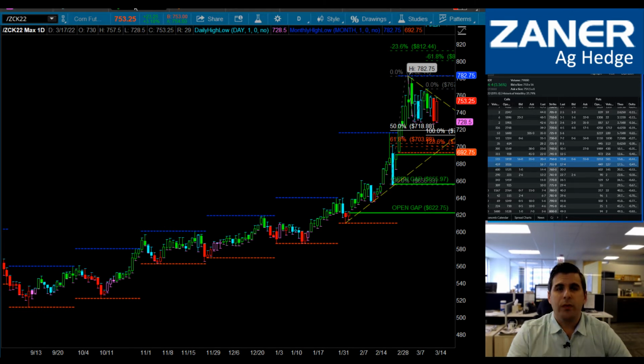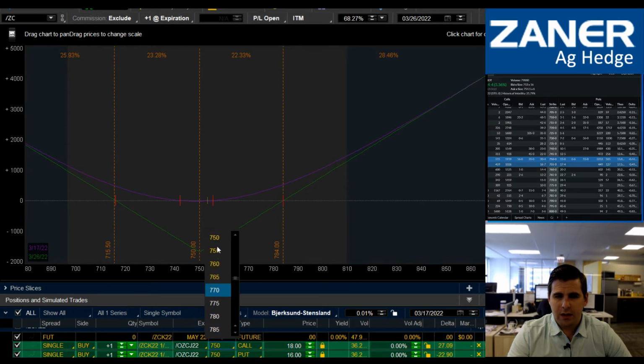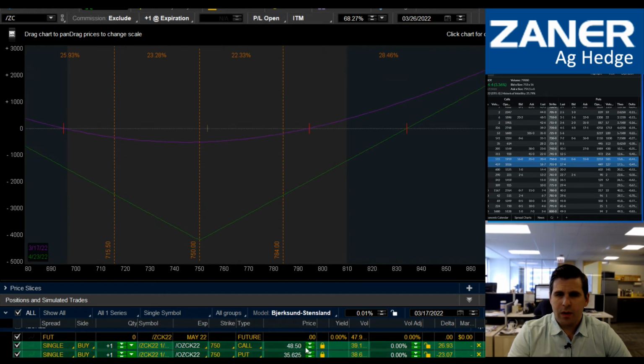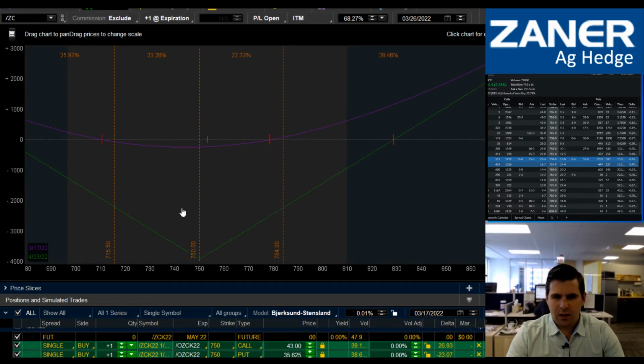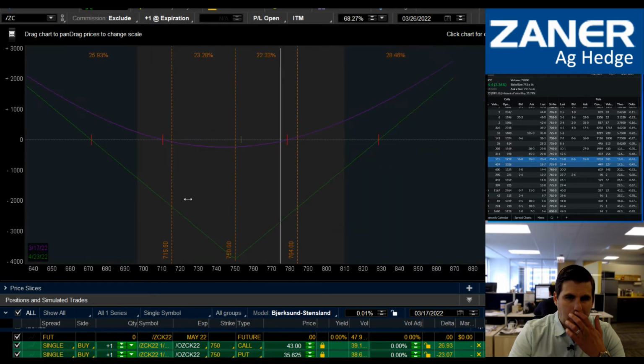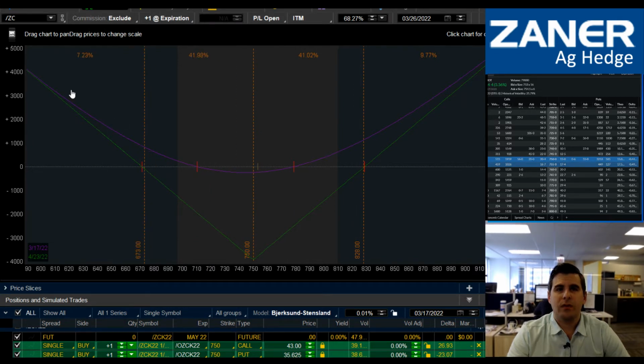Now, the other idea is you make these into Mays. You give yourself a little more time, but look at how much more money you end up spending. This was more like 43, but the break-even on this option strategy now, you need over the next, granted we have over 40, what did I say?